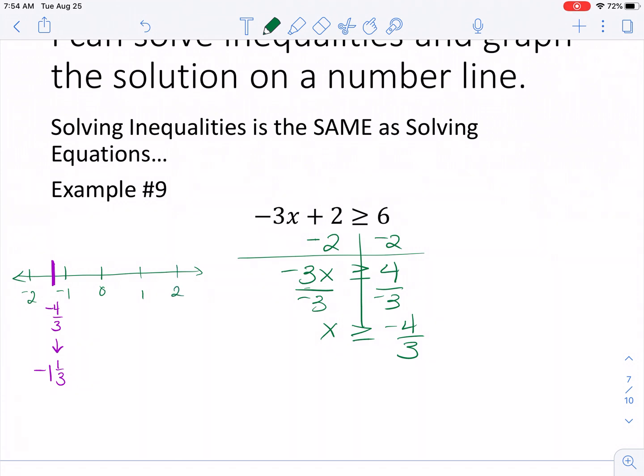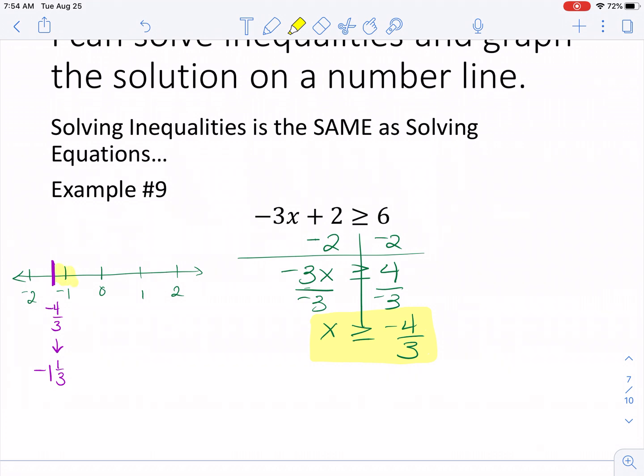So read the inequality. This inequality says x, the missing number, has to be bigger than or equal to this negative 4/3. So when I look at negative 4/3, which side of negative 4/3 is bigger than negative 4/3?